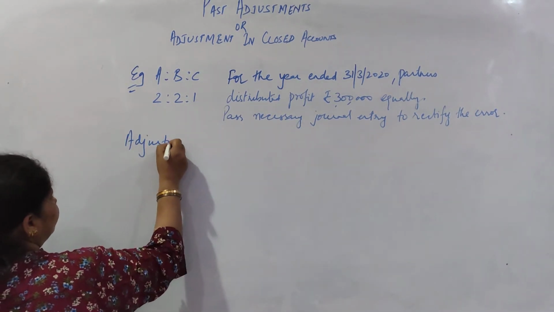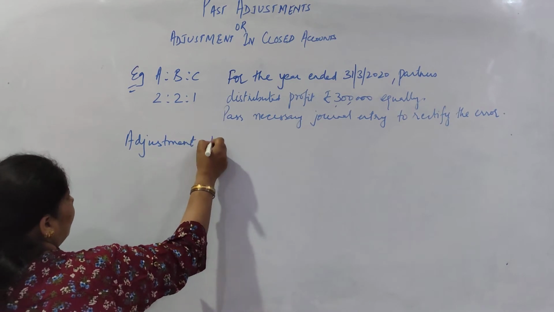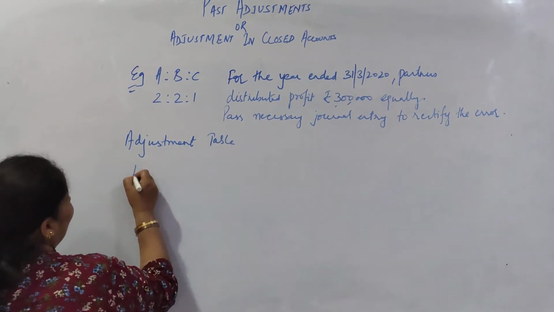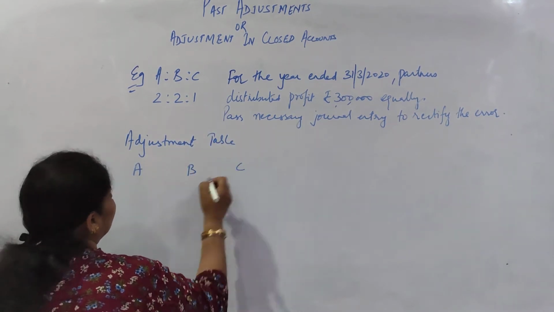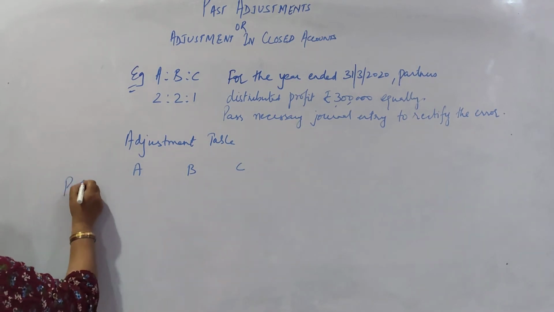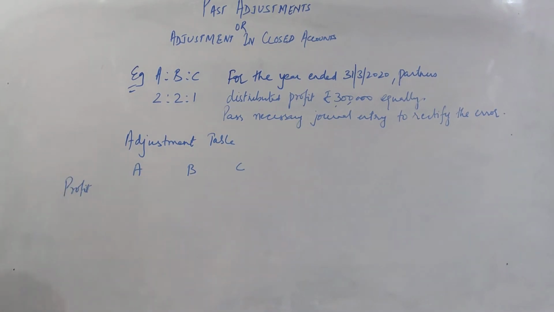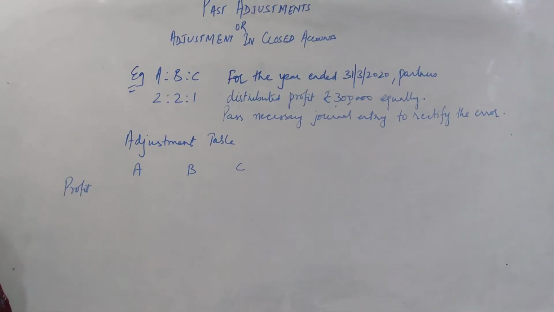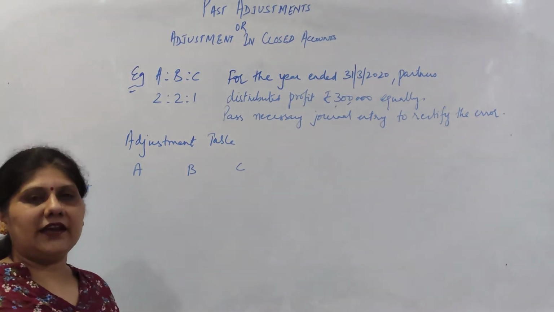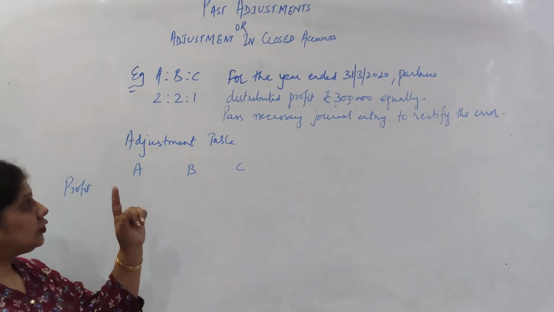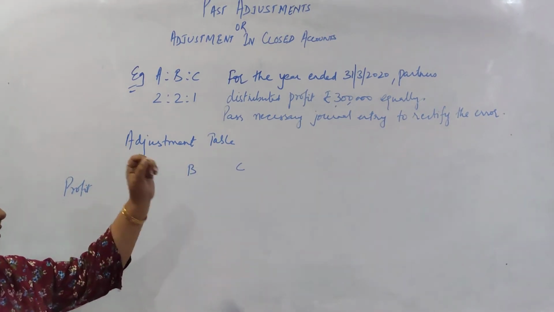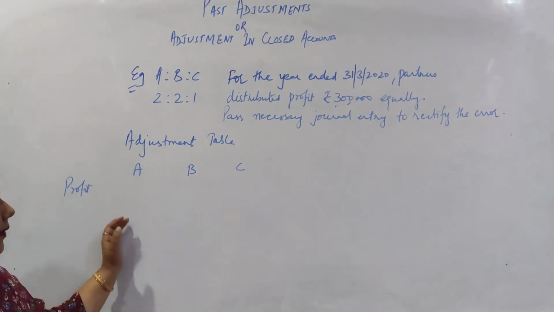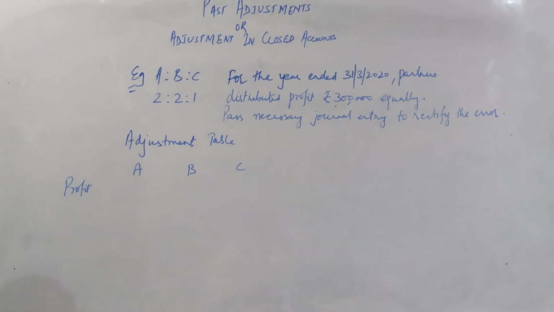Adjustment table. 3 partners are there, A, B and C. Profit is to be credited in correct ratio because as we saw that profit is credited to partners capital account. Profit is given to partners, that means it is credited to partners capital account. So profit rupees 3 lakh which has been divided equally will be credited in correct ratio to partners.